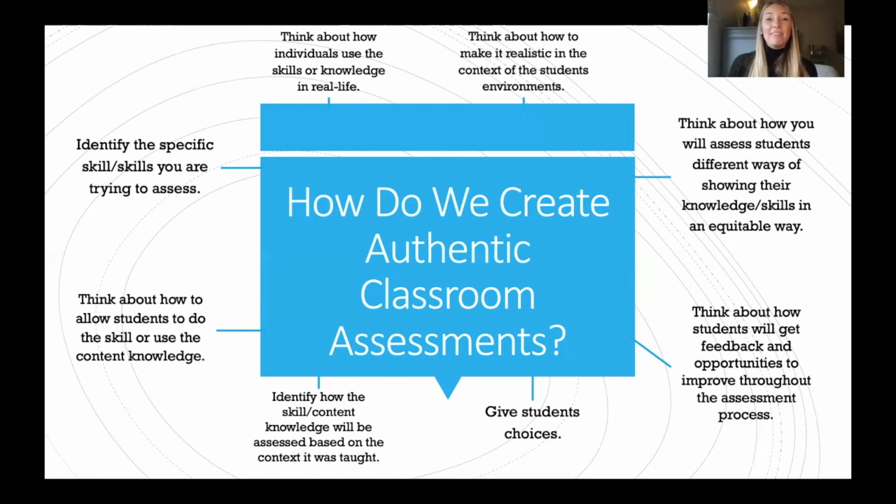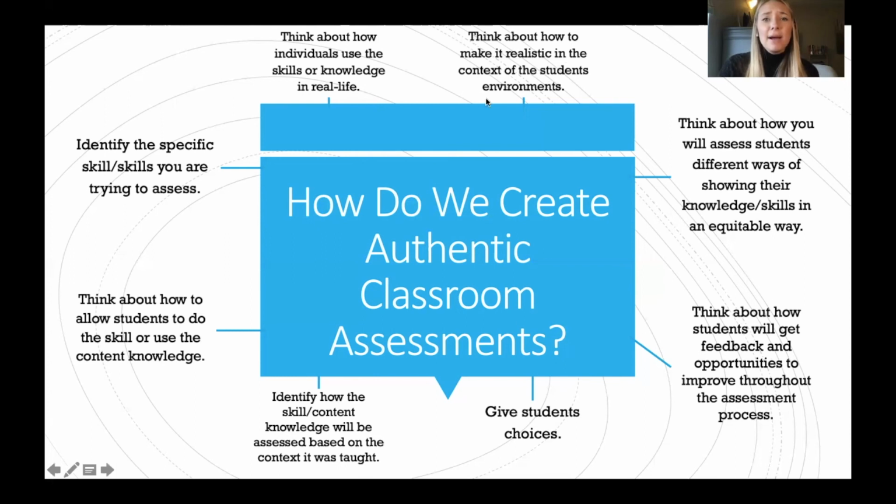So we don't have to have the same rubric for every type of assessment that students choose, but how can we make sure that it's equitable? That's why we come back to here. Identify the specific skill or skills that you are trying to assess so you really know what you're looking for, because we can show our skills in many different ways.